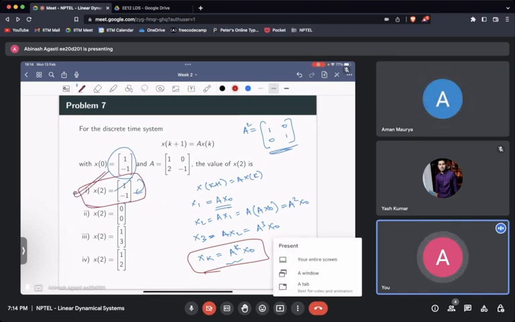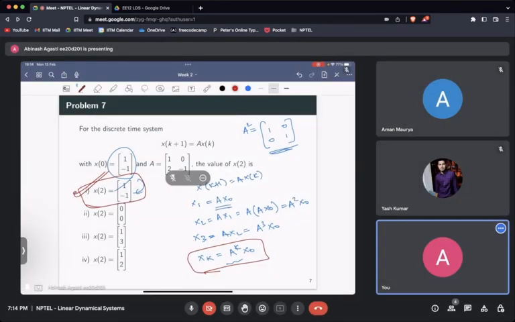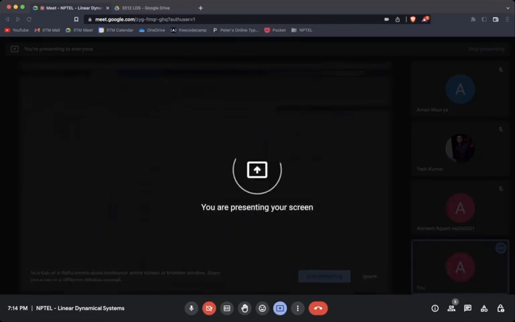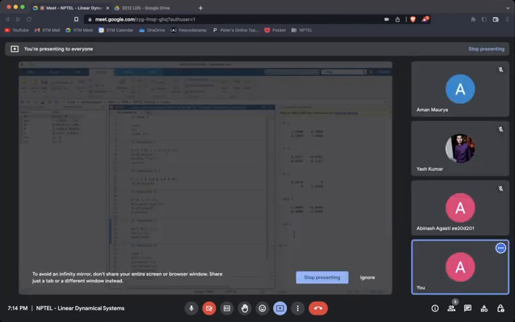Okay, let's check once in MATLAB. We were in question 7, right? So we had the matrix A, 1, 0, 2 minus 1, and this is the initial condition.